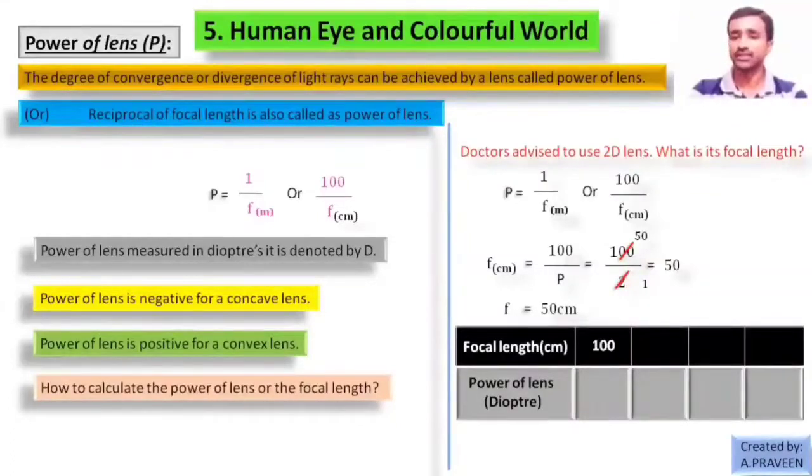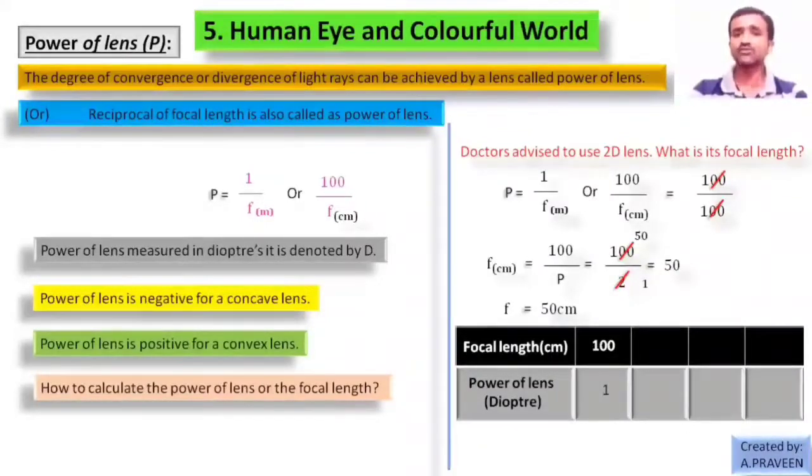Substituting 100 centimeters, that is 100 by 100, which gets cancelled. Then it remains as 1. So that 1 is the power of lens. Let us drop that value in the table, as lens power is 1 diopter.